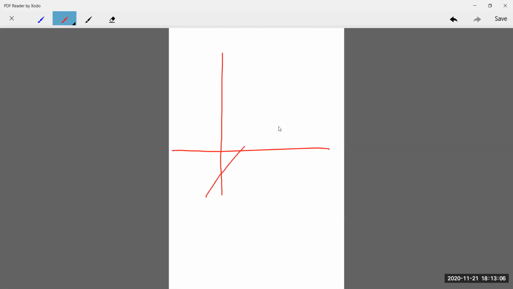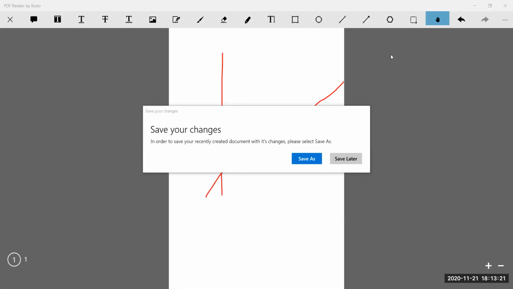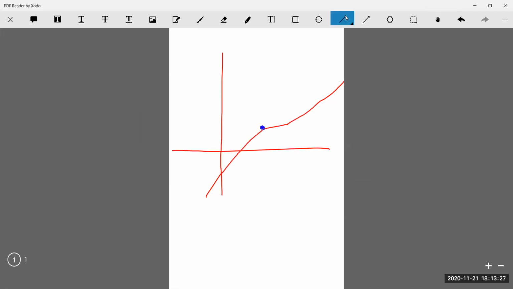Now, if you want to find the gradient at this point, an easy way to find it is by finding the gradient of the tangent at that point. So this is key information to remember. The gradient of a curve at a point is equal to the gradient of the tangent at that point. So if we're finding the gradient at this point, this blue dot, it would be equal to the gradient of the tangent at this point.